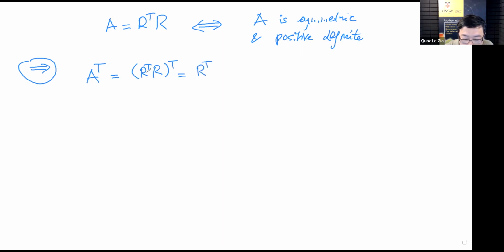So R transpose, and then R transpose transpose. And R transpose transpose is just equal to R, so you get R transpose R, which is just the original matrix A. So you get A transpose equals A. Therefore, by definition, A is symmetric.